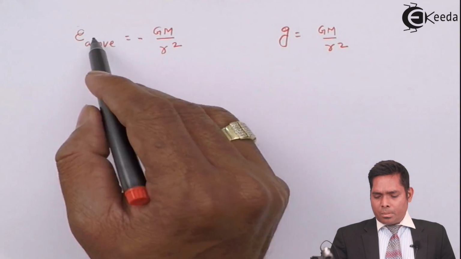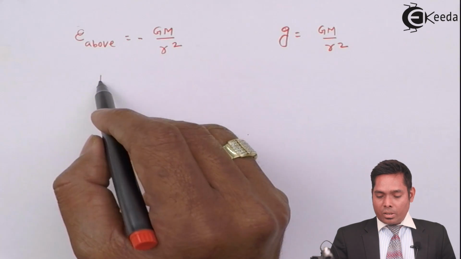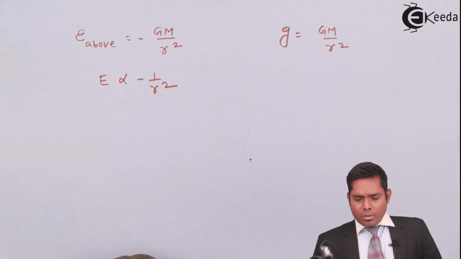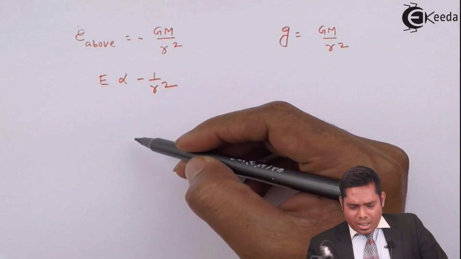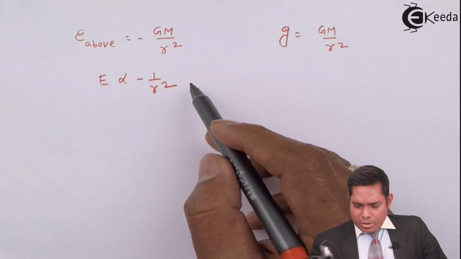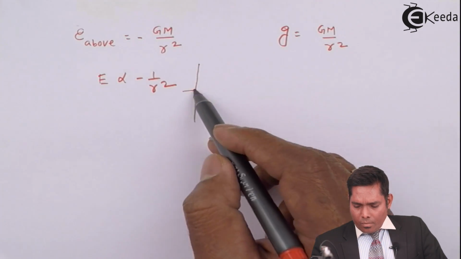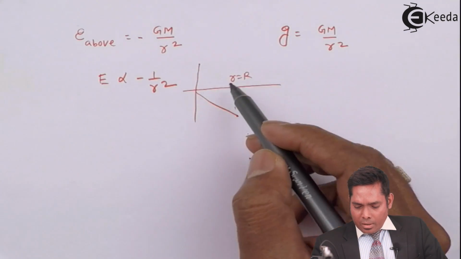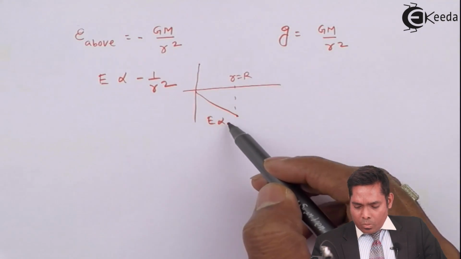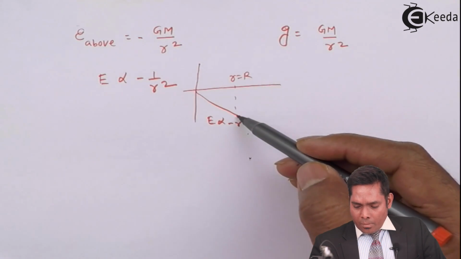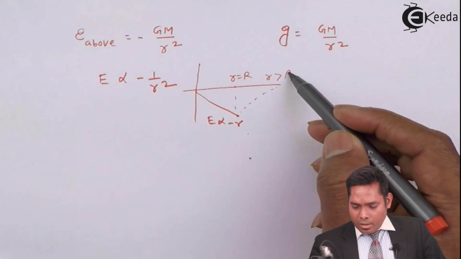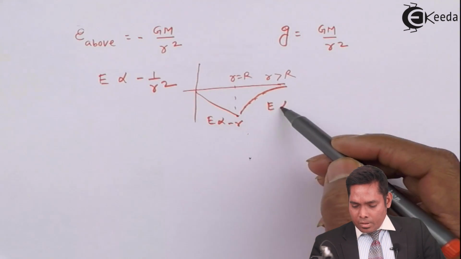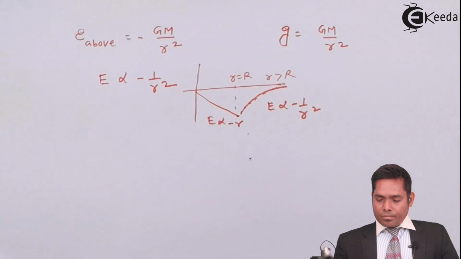Similarly, E is inversely proportional to r squared, but with a negative sign. So up to capital R, E is proportional to minus r. And above that, if r is greater than R, then we have a graph like that, E inversely proportional to minus 1 over r squared.